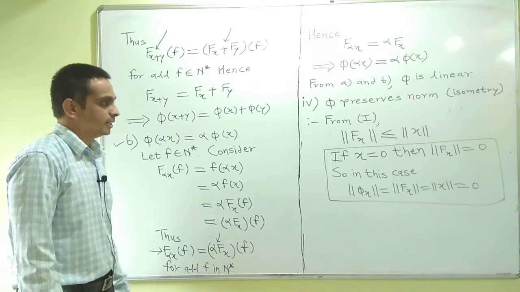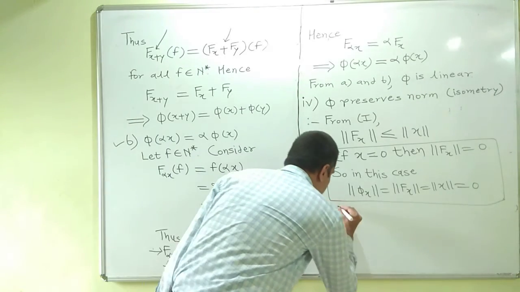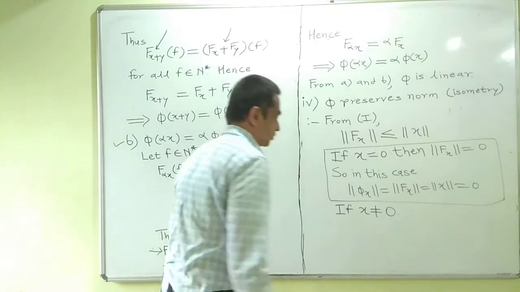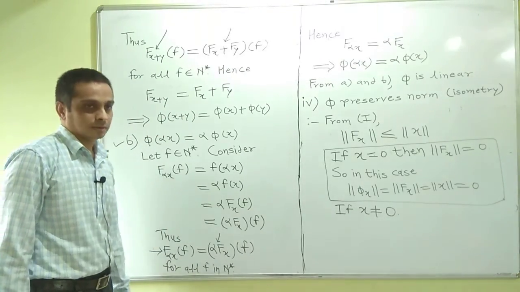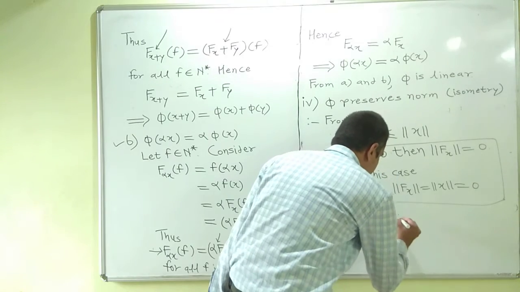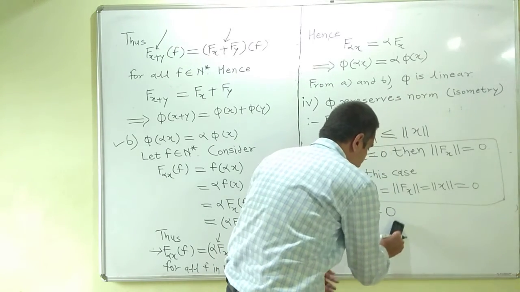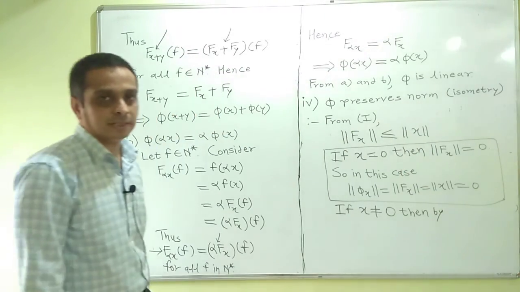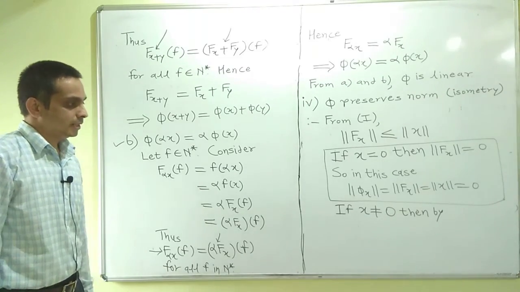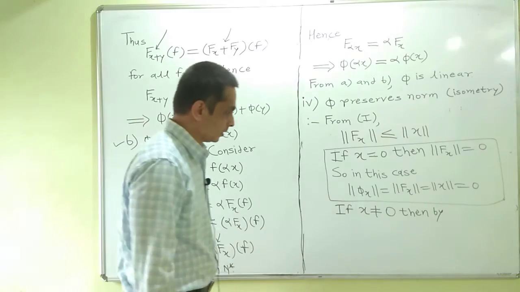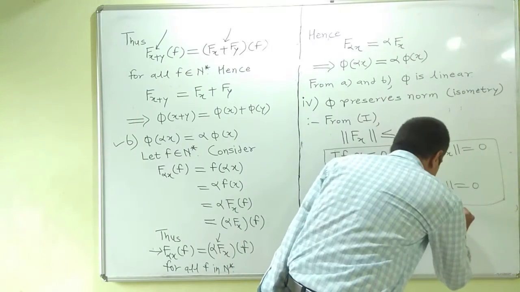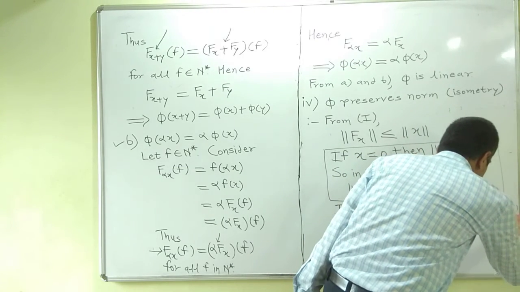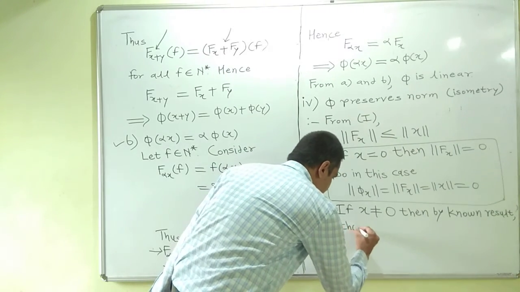Now the second case, if x is not equal to 0, then by a known theorem, one of the theorems which we have obtained by using the Hahn-Banach theorem, there is this result we have proved.